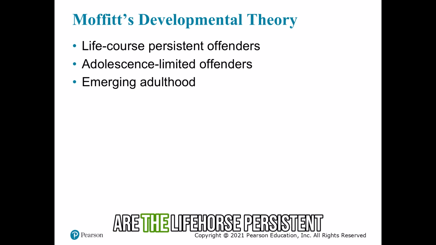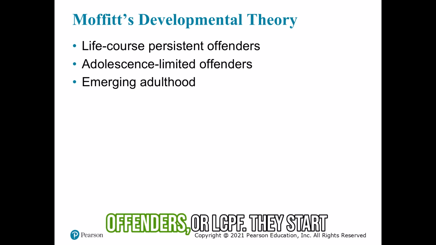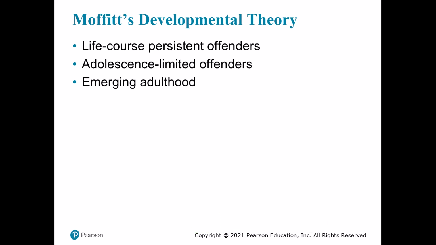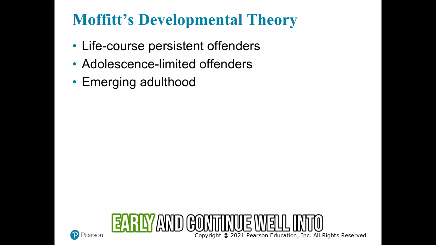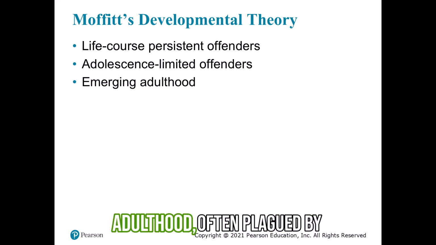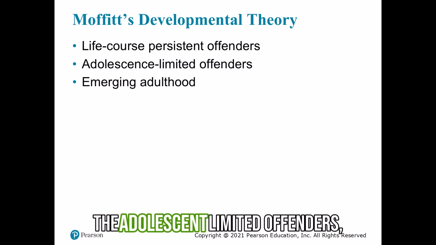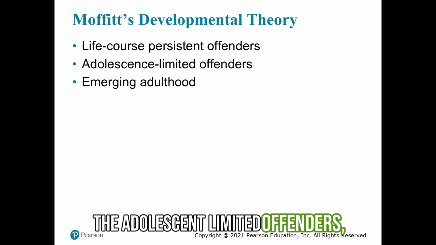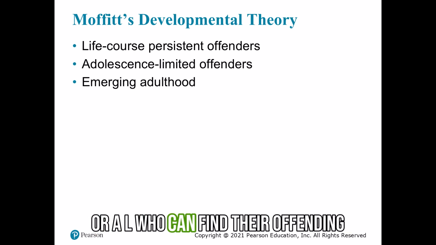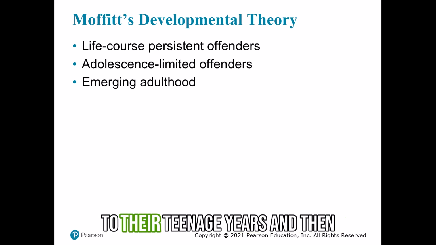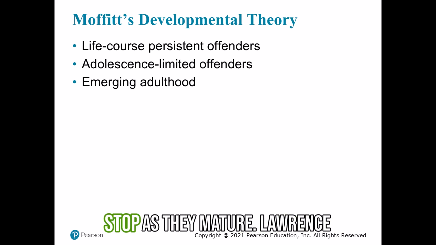First are the life course persistent offenders, or LCPs. They start their antisocial behavior very early and continue well into adulthood, often plagued by psychological problems. Second are the Adolescent-Limited offenders, or ALs, who confine their offending to their teenage years and then stop as they mature.